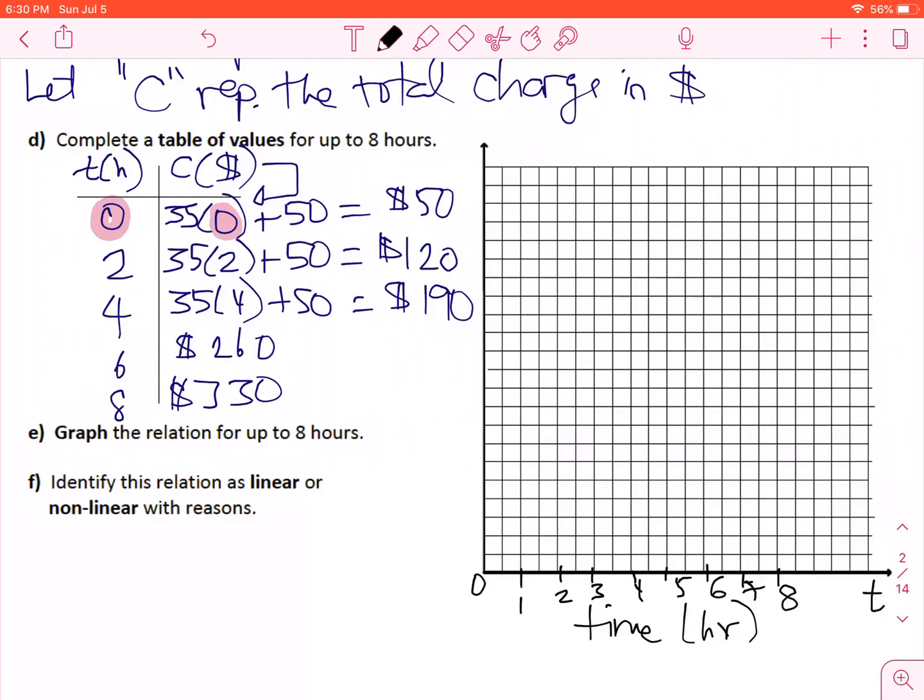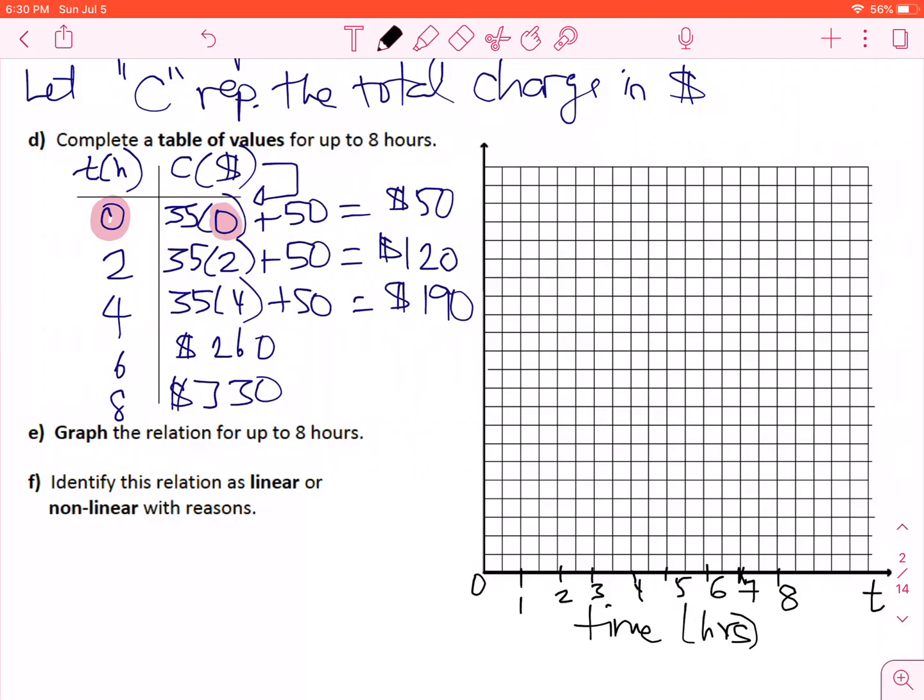When you're labeling this, remember you have to choose your increments, and you've got to choose good increments, ones that work. It wouldn't make sense for me to go up by 2's because I have a lot of space in that independent axis. So you want to make sure that you choose an appropriate increment.